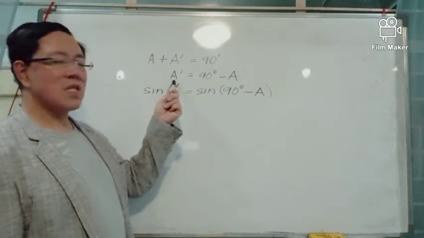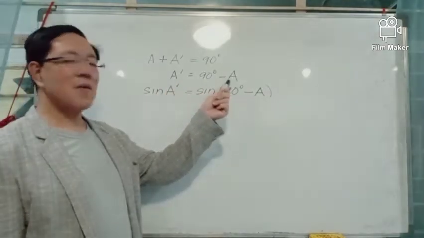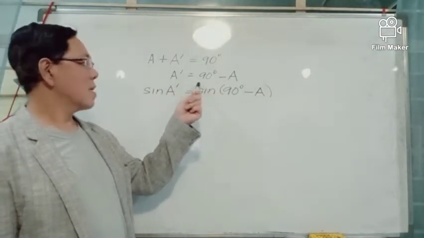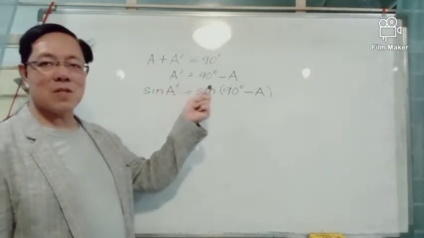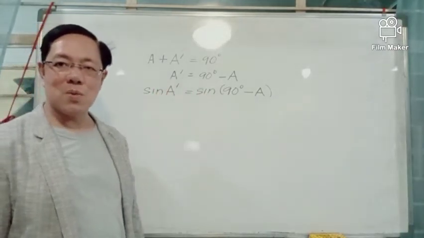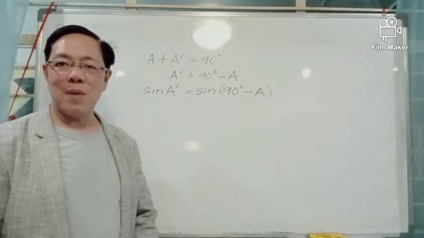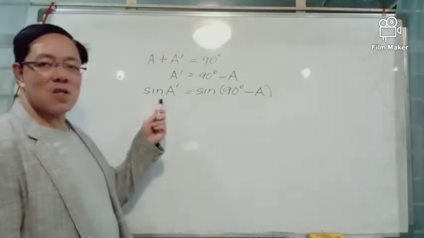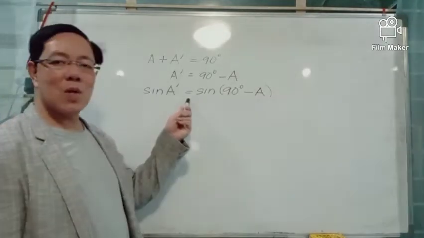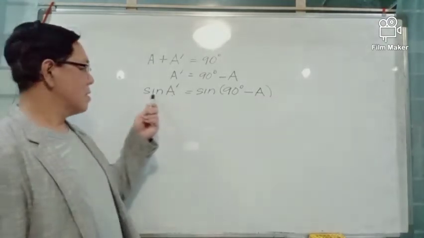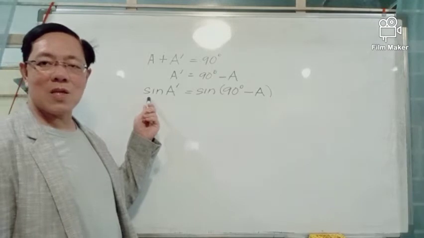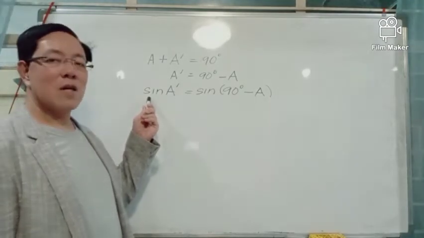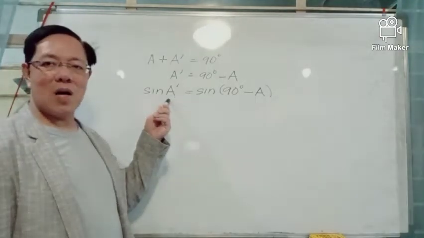To find the complement of angle A, we subtract A from 90 degrees. And we take the sine of both sides because we want to verify the complement angle theorem that says the trigonometric function of an angle is equal to the cofunction of the complement of this angle.